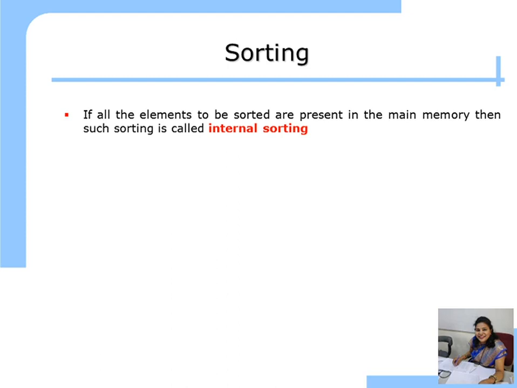If the data to be sorted is less than your main memory, then it can be accommodated into the main memory at a time. So where data is less, you can apply internal sorting techniques.